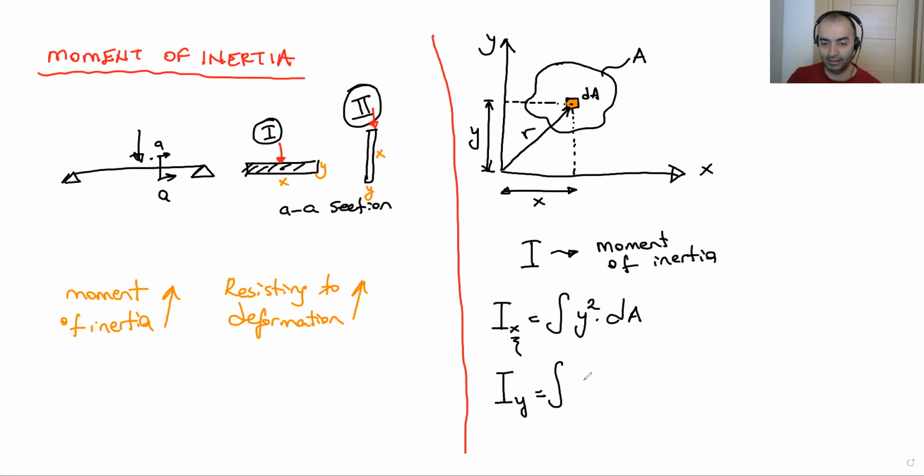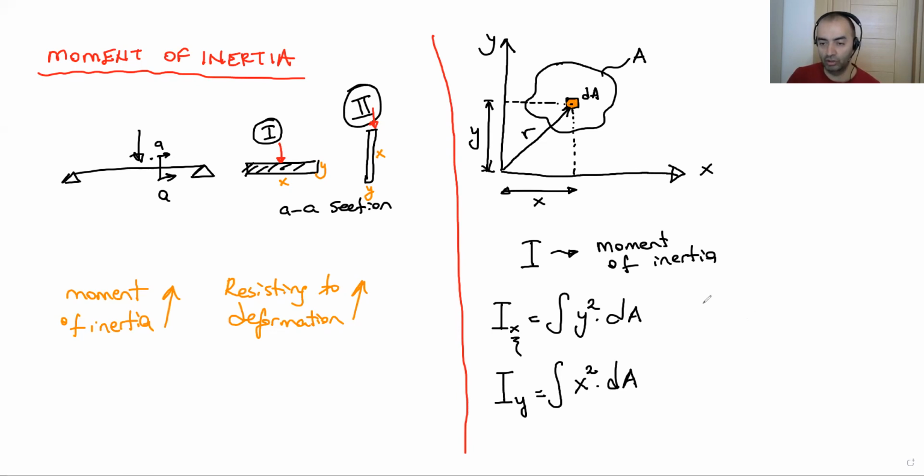X is the distance. What was the rule? Area times distance square. Okay, distance is x square times area. This is the definition of Iy.